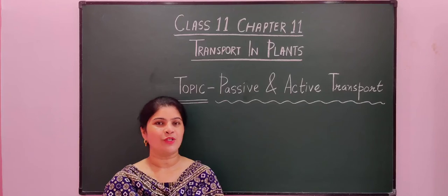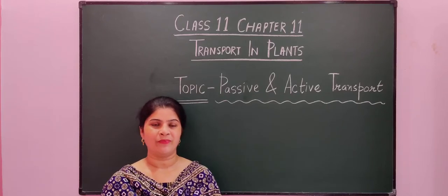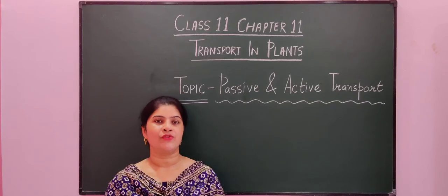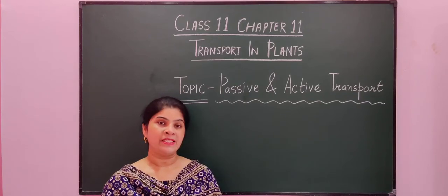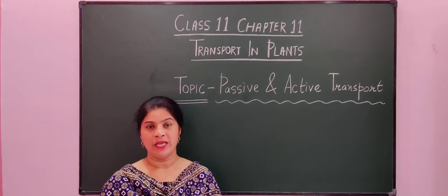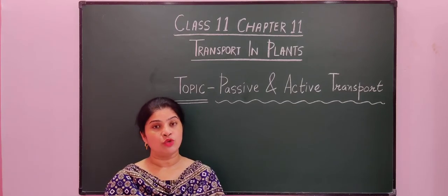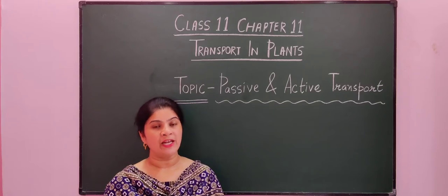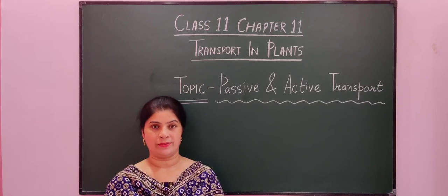So students, this was all about passive transport. In passive transport, the materials are moving down the concentration gradient. Passive transport includes diffusion and facilitated diffusion. Diffusion takes place through the general surface of the cell membrane, whereas facilitated diffusion takes place through channel proteins and carrier proteins.